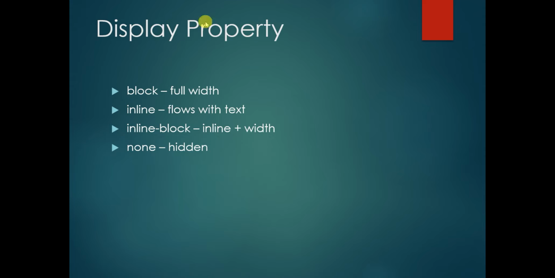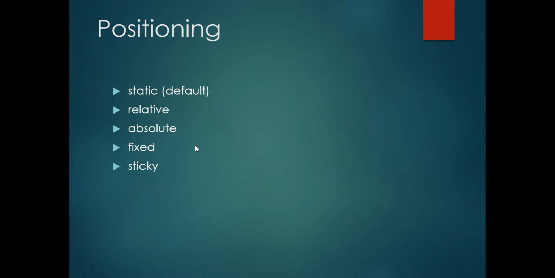So you want it to occupy its full width. We have inline, float with text, you understand. When we want a particular text to be on the same line, we have it. We also have, for example, inline-block with plus width, and display none, or you want it to be hidden, you can put that on.